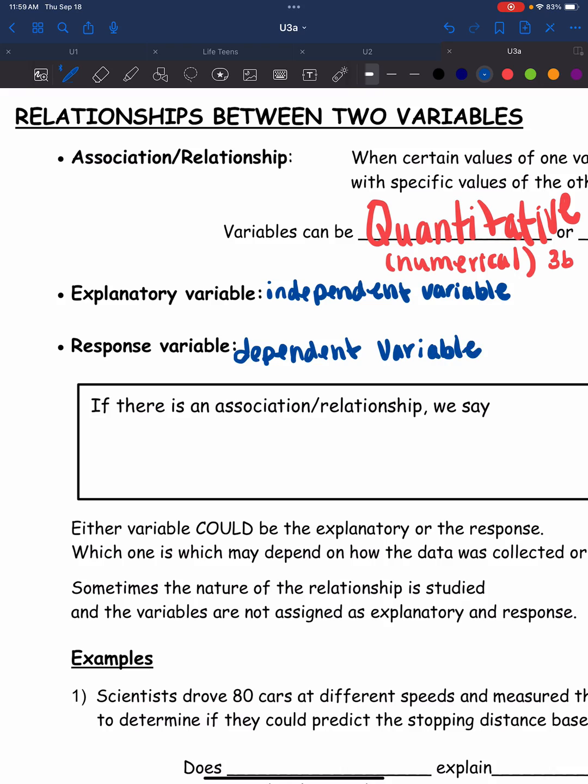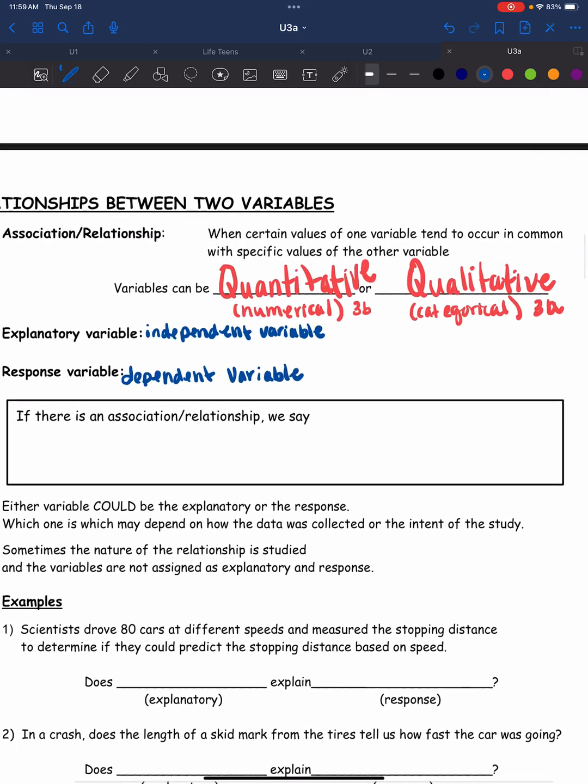I'm sure you've seen this in science with independent and dependent variables, but if you had a chart and you were looking at the relationship between two things, the explanatory variable would be on the x-axis, and then the response variable would be measured on the y-axis. So again, down here would be your independent variable, and over here would be your dependent variable. And we're looking at how those relate.